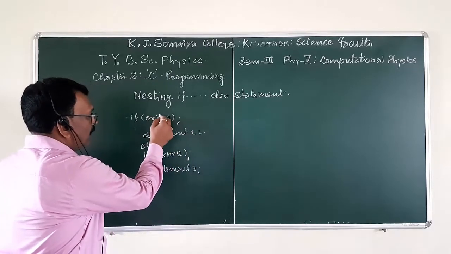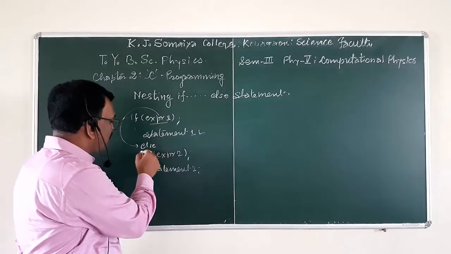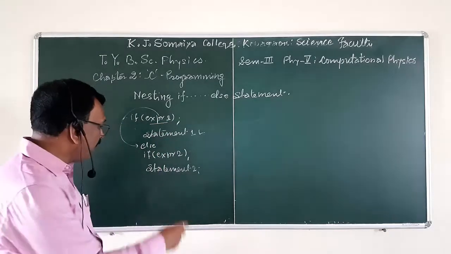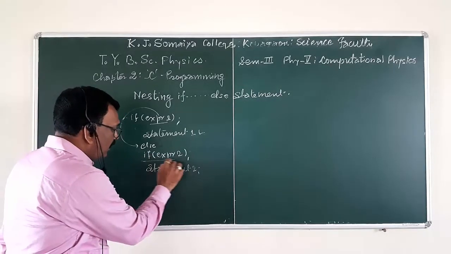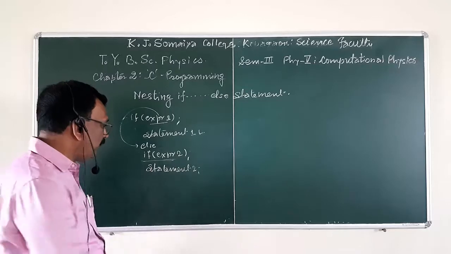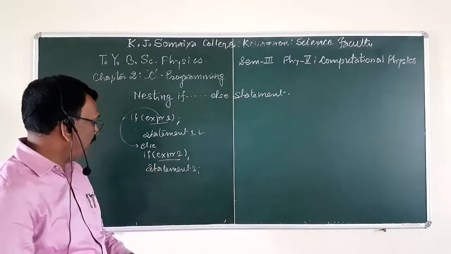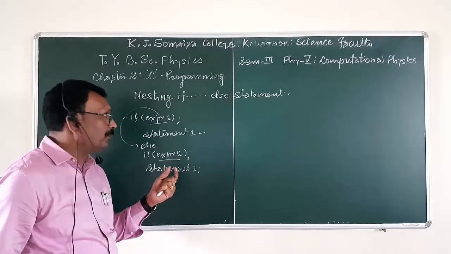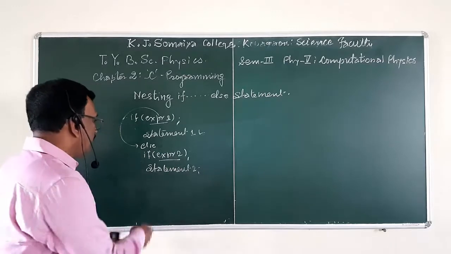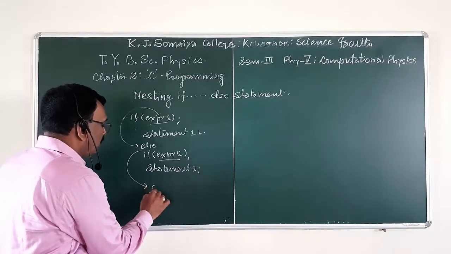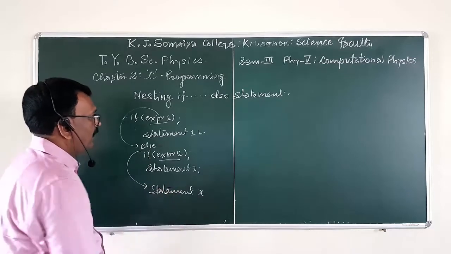Otherwise, the else statement is executed. That means when the expression is false, the else statement is executed. Again, in this else statement, the second or inner if-else statement tests the second expression. When condition 2 is true, then this statement is executed. Otherwise, control transfers to the next statement, say x.